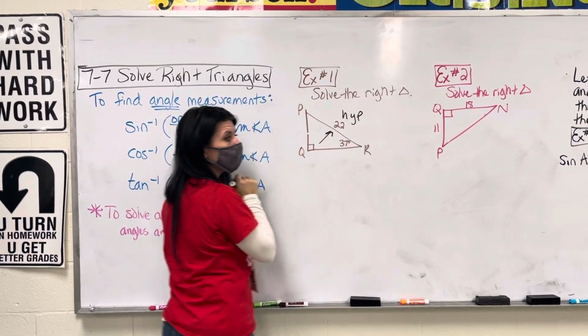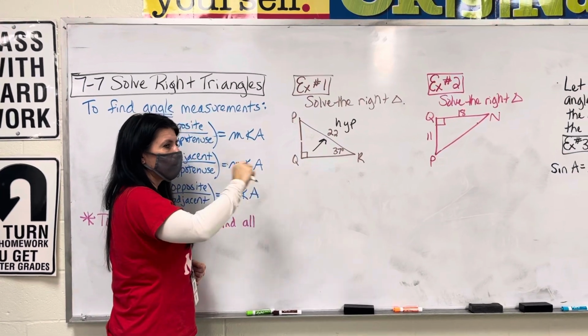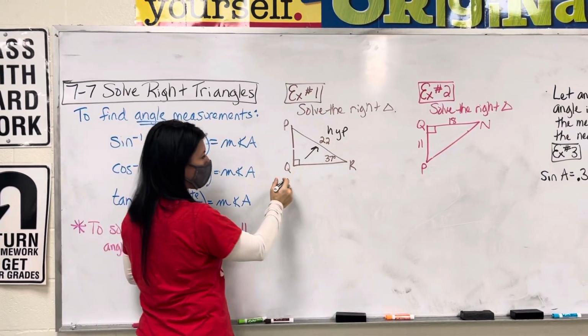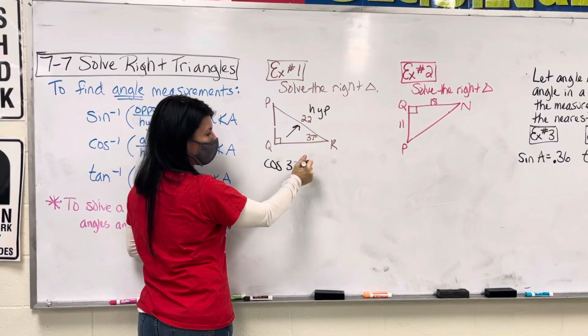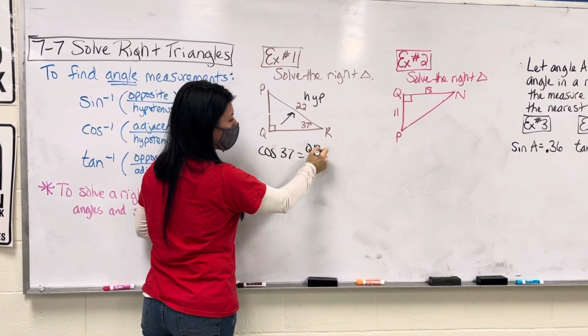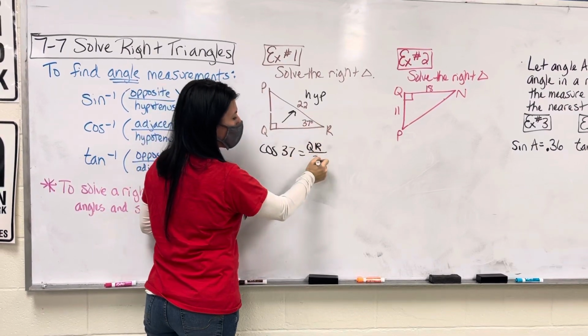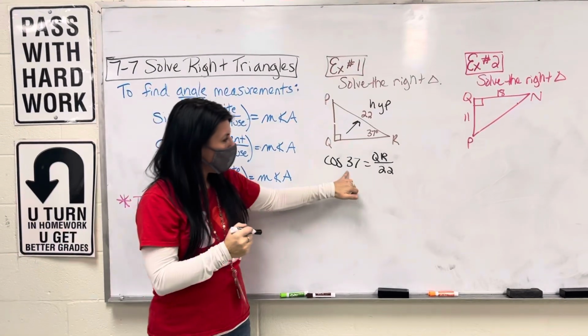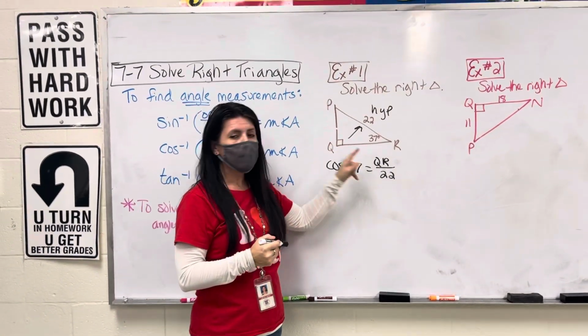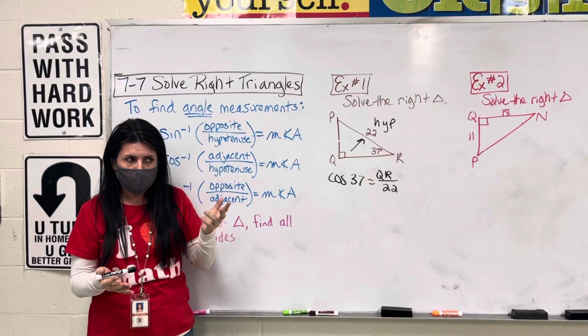That way you don't make mistakes with it. What relationship? It's cosine. So cosine of 37, adjacent is QR, hypotenuse is 22. This is an okay place to start because I know the angle, I know one side, there is only one unknown.